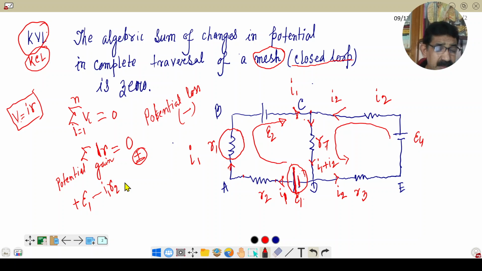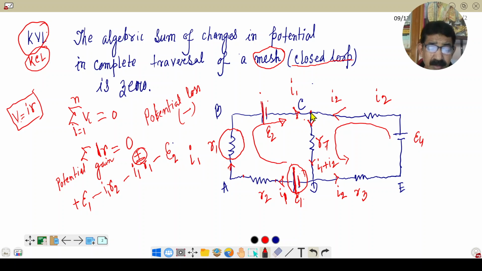Again, loss of potential, that means minus I1 R1. Now, we move from higher potential to lower potential of the battery. This is a cell of EMF E2, and we are moving from higher potential to lower potential. If lower to higher potential is potential gain, then this is potential loss. So this is minus E2.